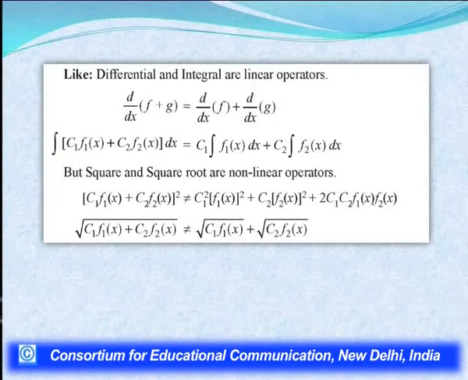Or suppose I take the function c1 f1(x) plus c2 f2(x) and I have to integrate it. Obviously we take the constants out of the expression, and it becomes c1 times the integration of f1(x) plus c2 times the integration of f2(x). So there is no problem. The sum is given, you apply the operator, and the answer comes out the same. Thus differential and integral are linear operators.